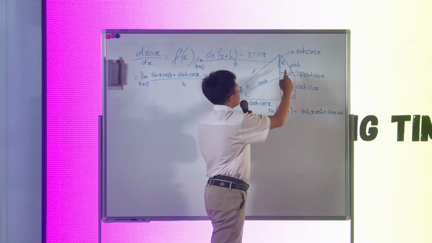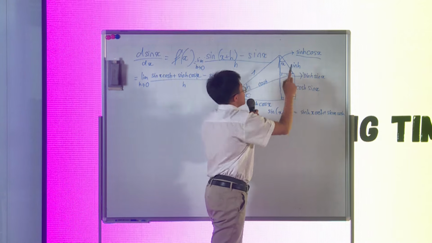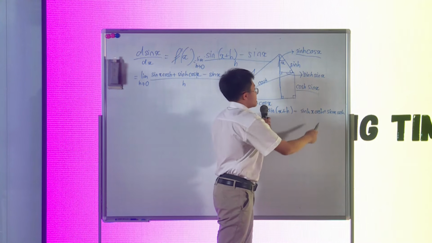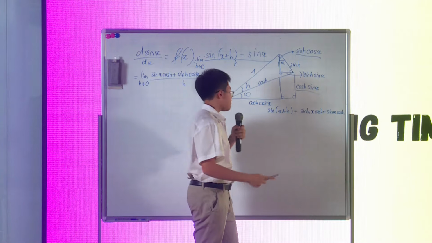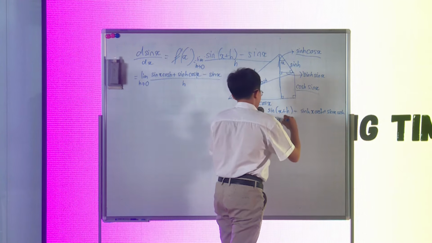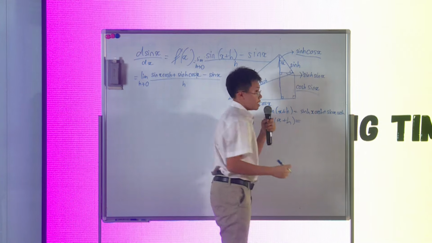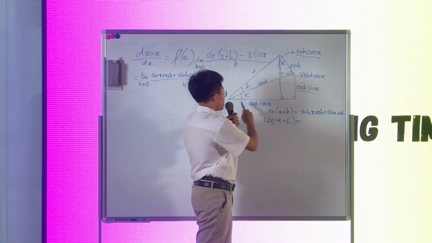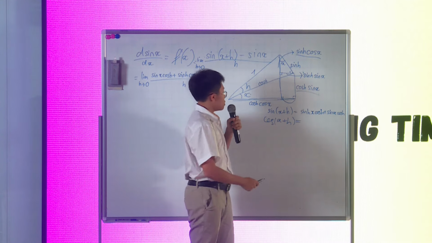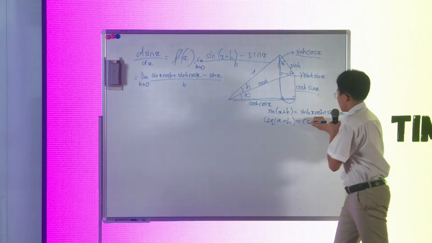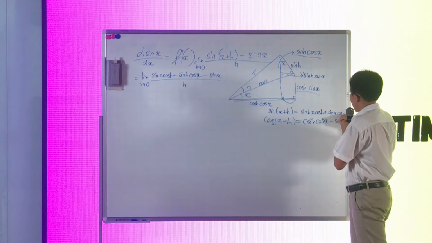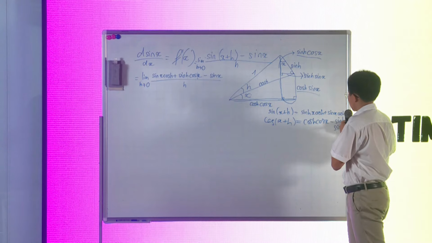So it will be equal to the sine of x cosine of h plus the sine of x cosine of h. For the cosine of x plus h, it will be equal to the lower side minus this part, which will be the cosine of h cosine of x minus the sine of h sine of x.